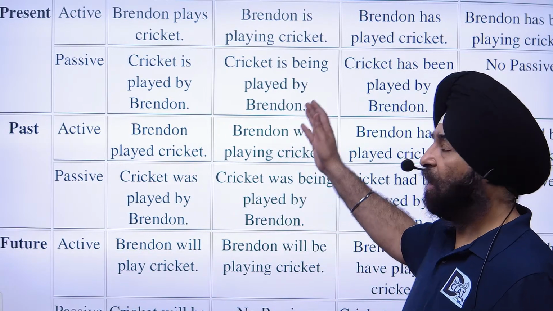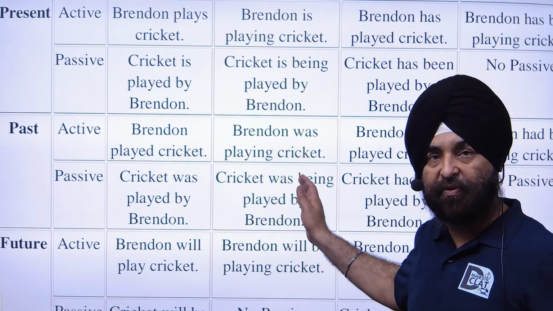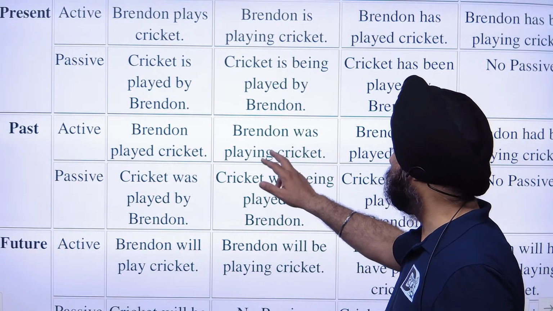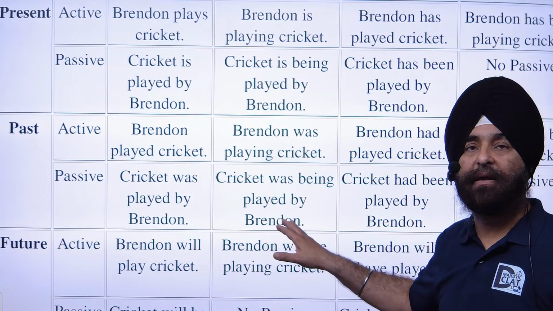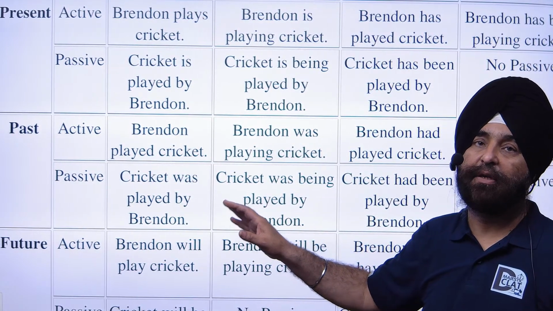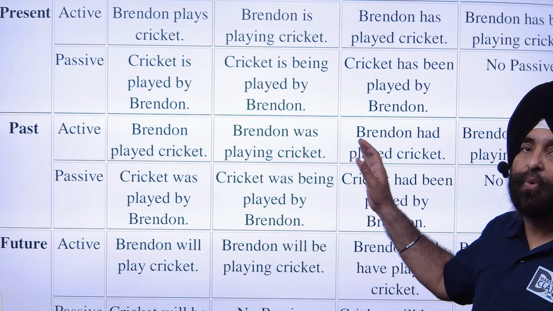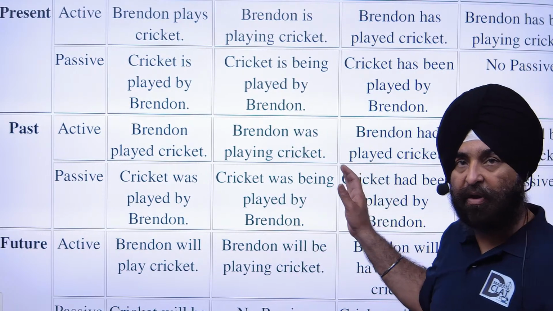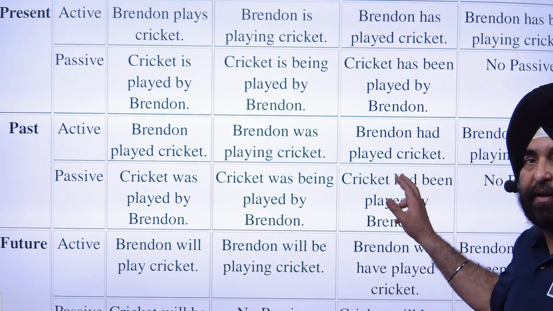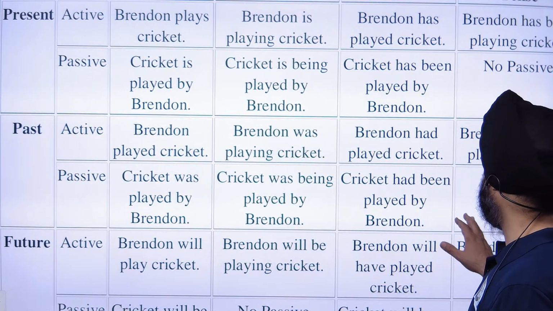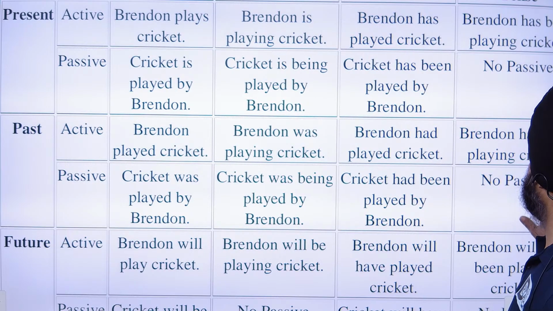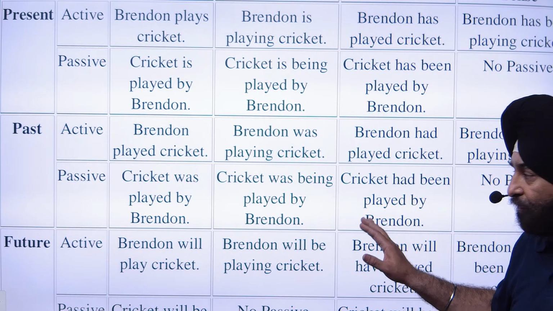Moving towards the past continuous, Brendan was playing cricket, cricket was being played by Brendan. This is how we change it into passive. And when we come to the past perfect tense, Brendan had played cricket, cricket had been played by Brendan. Again, we cannot make a passive of the perfect continuous form.